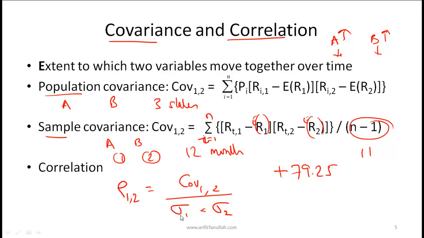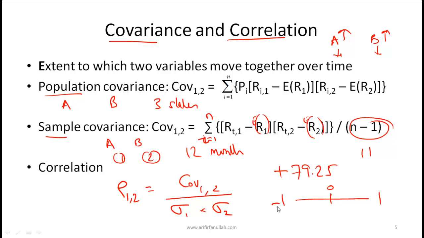When you standardize by dividing by the standard deviations, then you will get a number between -1 and 1. A correlation of 1 means that there is a perfect positive correlation. When stock 1 goes up, you can be sure that stock 2 goes up. A correlation of 0 means that the two variables are completely independent.